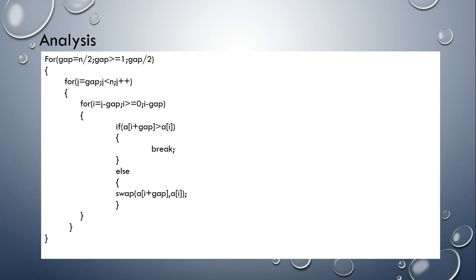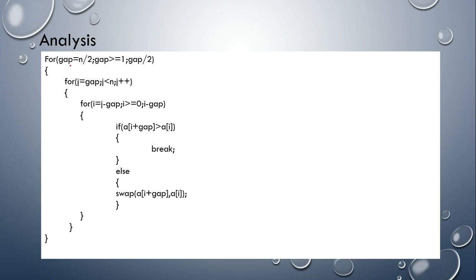Now we write the code for shell sort. First we find the gap value by using the number of elements divided by 2. For shell sort, 3 loops are required: the first to find the gap sequence, the second for j, and the third for i.